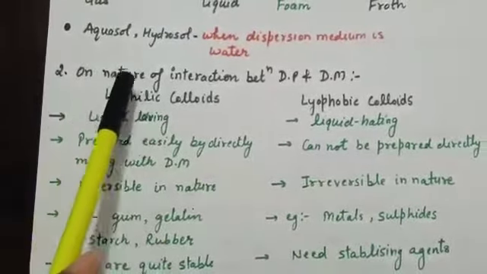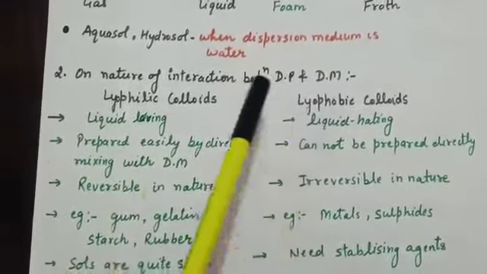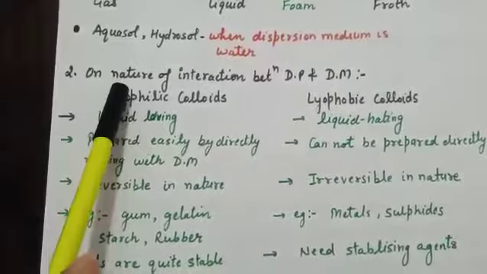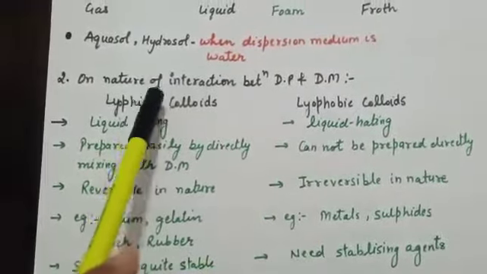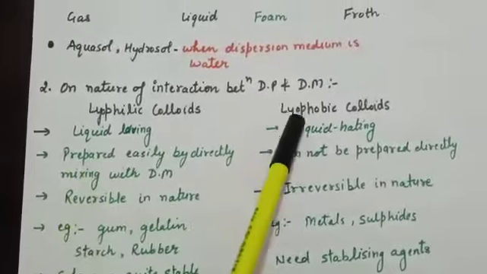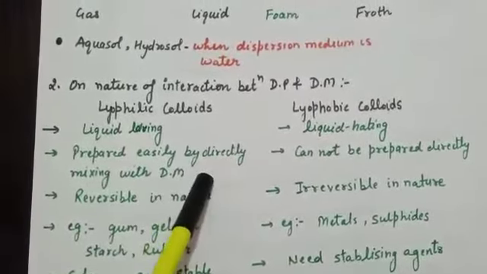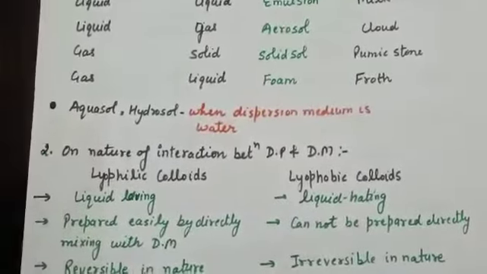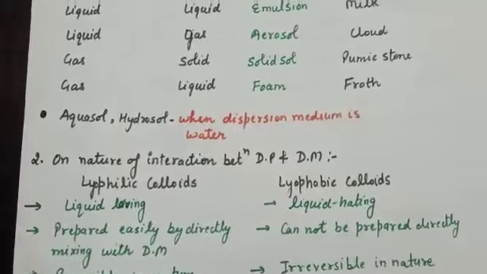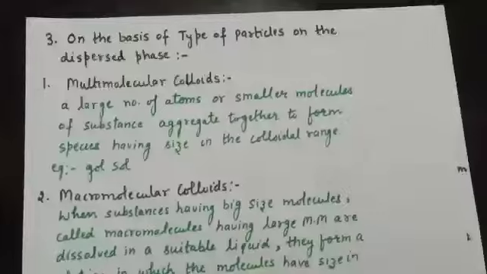So on the basis of nature of interaction between dispersed phase and dispersion medium, colloids are classified into 2 types, that is lyophilic colloids and lyophobic colloids. Lyophilic means liquid loving, lyophobic means liquid hating. Now moving to the next classification, that is the third classification of colloids, on the basis of type of particles of dispersed phase.